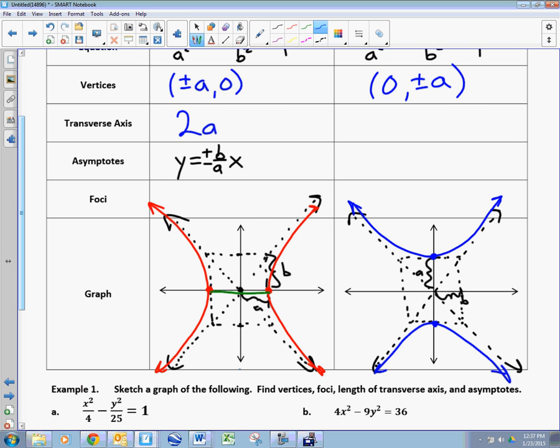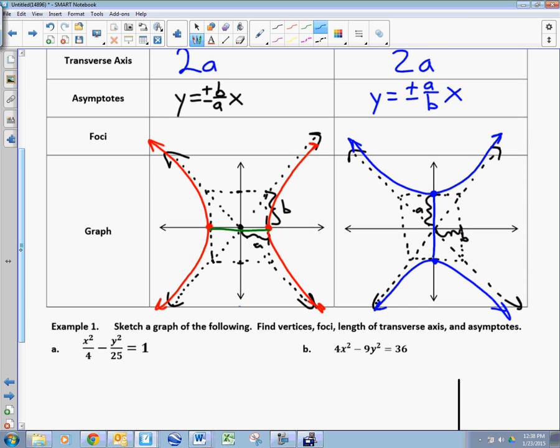The length of the transverse axis is the distance between the two vertices, 2a. Asymptotes: y is equal to plus or minus something times x. What is the rise? What is the run? a over b. Because one line has a positive slope, the other line has a negative slope. Foci. The foci sit on the inside of the hyperbolas.